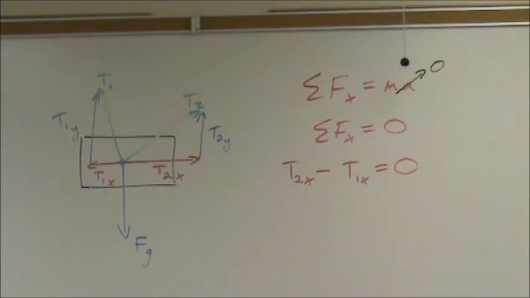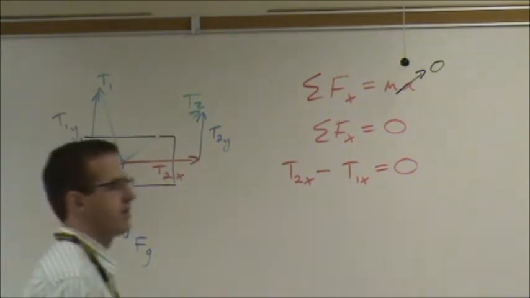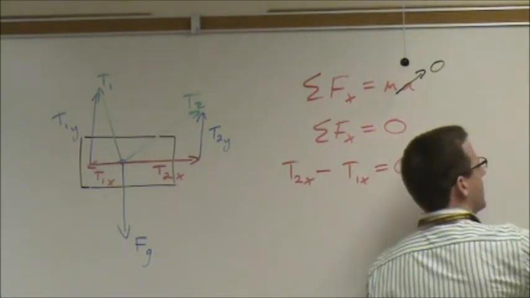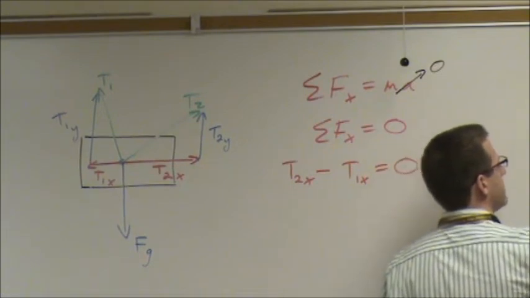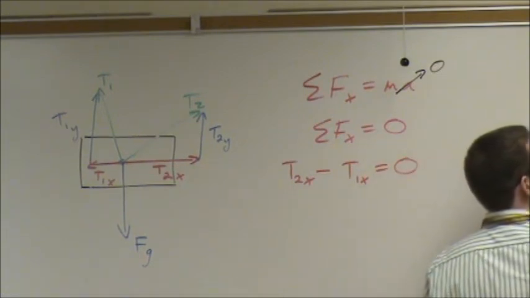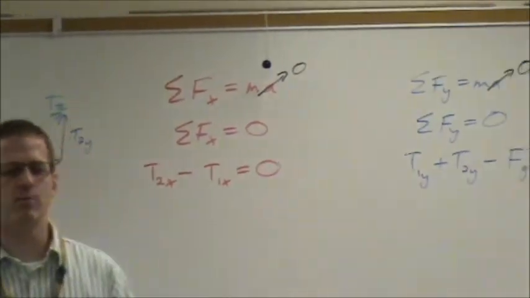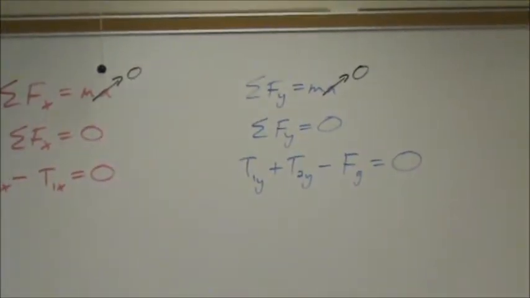How many y forces are there? 3. How many ups? 2. Yes, so I need T1y plus T2y minus force of gravity equals 0. Again, why did I do minus force of gravity? It's going down. Good.